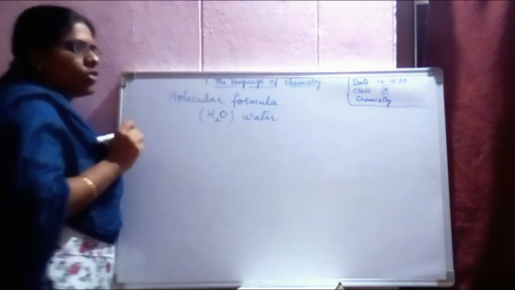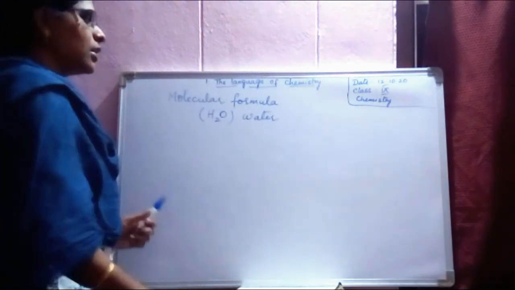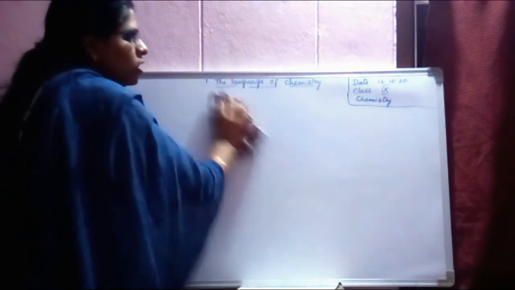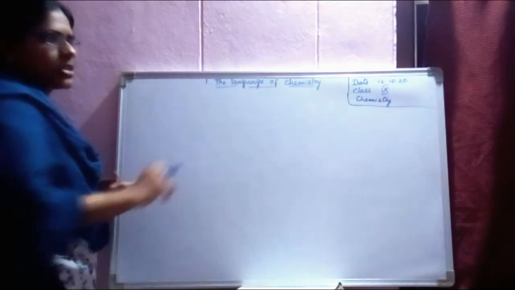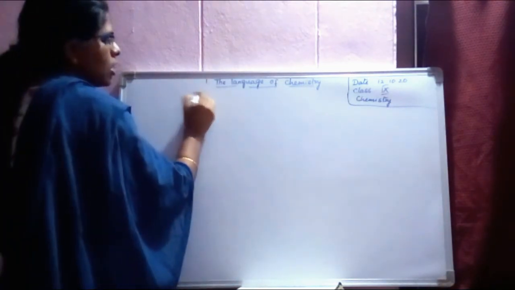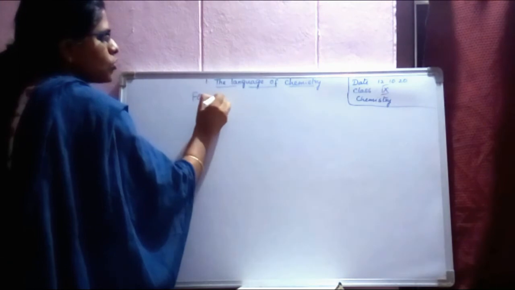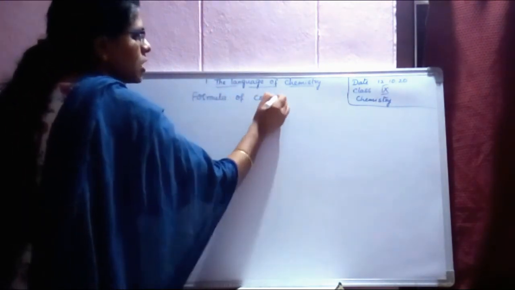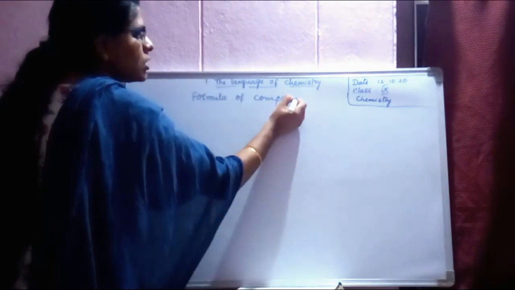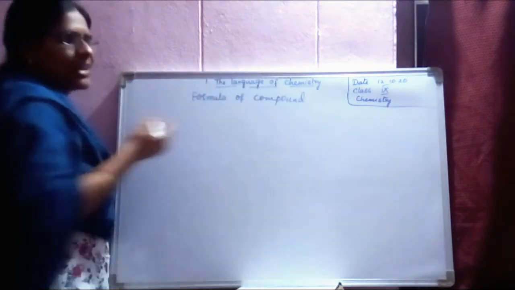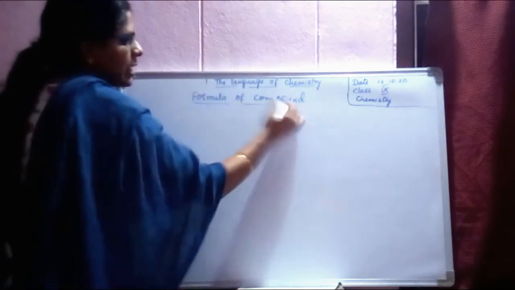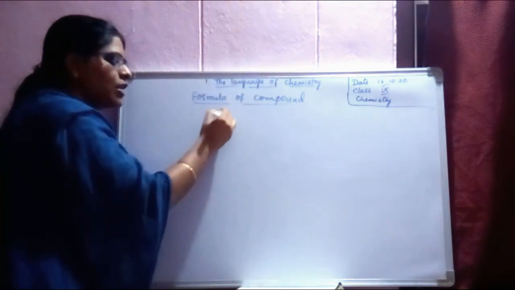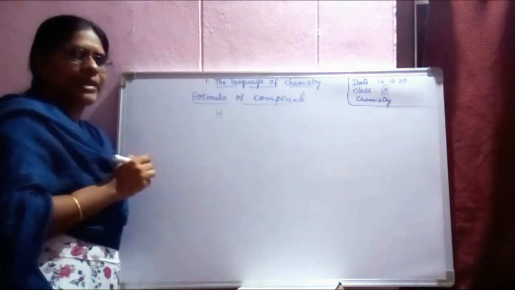Now today we will learn how to write the formula of compounds. See, what is a compound? Two or more elements, if they combine, we will get a compound. Like hydrogen is a single element.